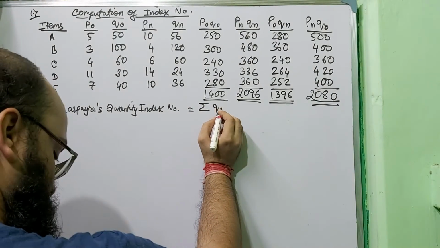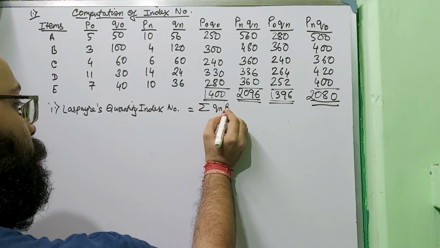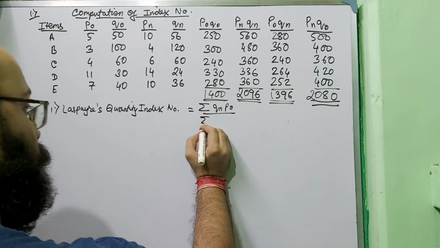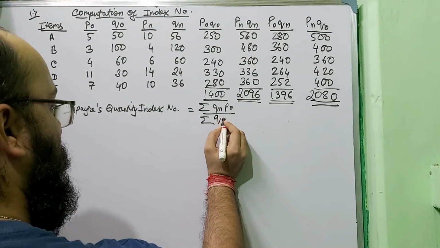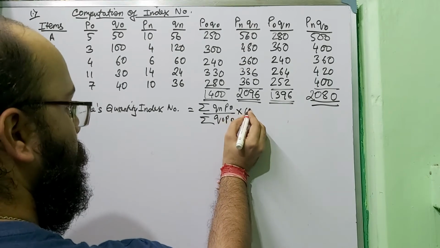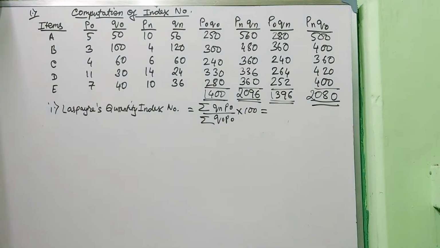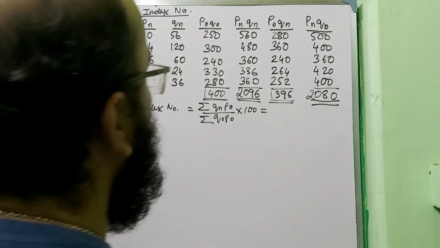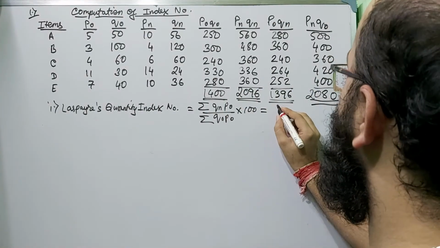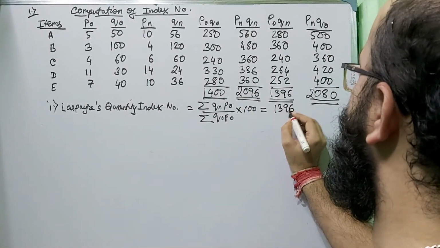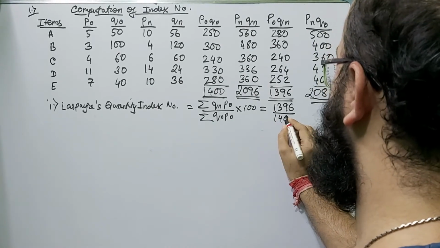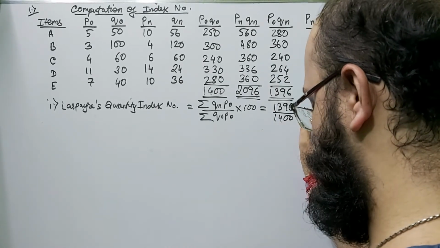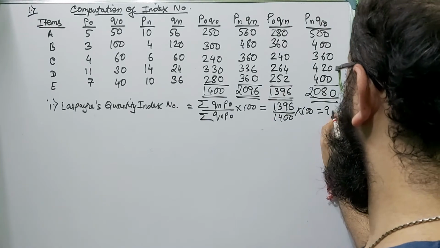Index number: summation of Qn P0 by summation of Q0 P0 into 100 means 1396 by 1400 into 100, 99.7.